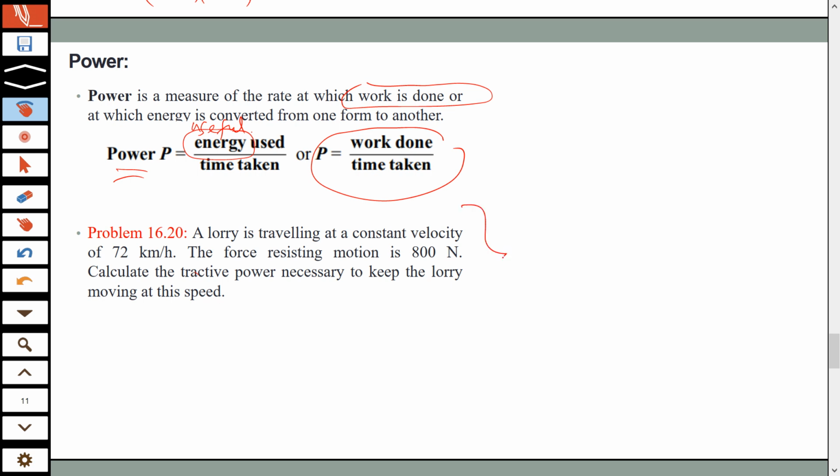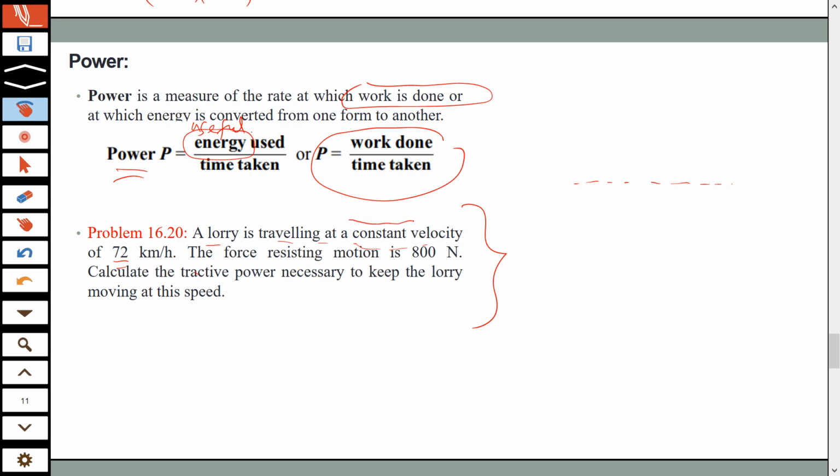So let's solve this problem here. A lorry, I think this is from the other book, Principles of Mechanical Engineering. A lorry is traveling at a constant velocity of 72 kilometers per hour. Speed basically. So the speed is given and it is constant.